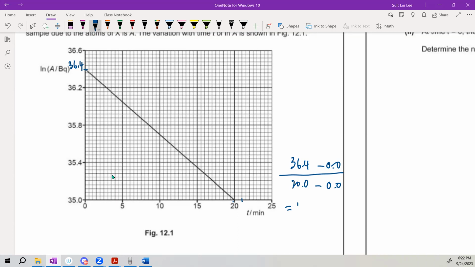So this one will be 1.82. Of course, you're going to ask me the unit, right? ln here is unitless. This one here is minutes. So this lambda is minute^-1. Is it SI? No. Wait, I think I'm subtracting wrong. 0.0 minus 20.0.